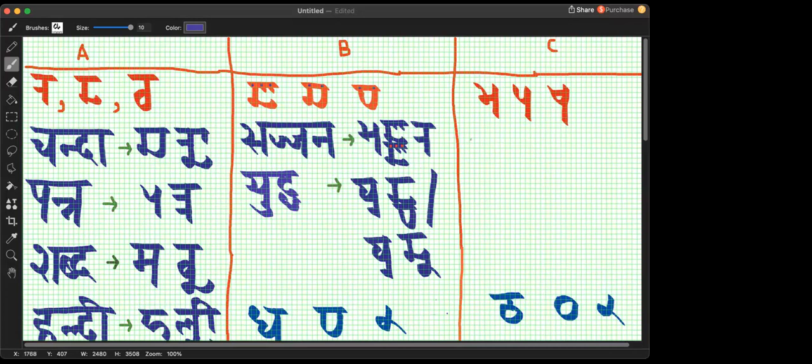Okay, I'll first write the Devanagari word. So this is dharma.